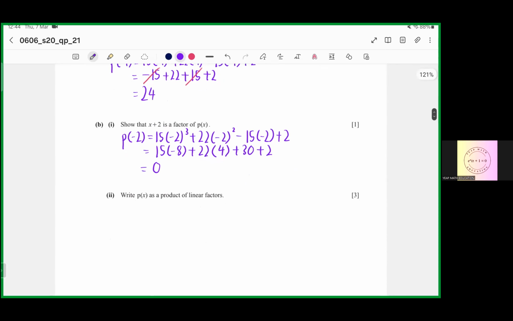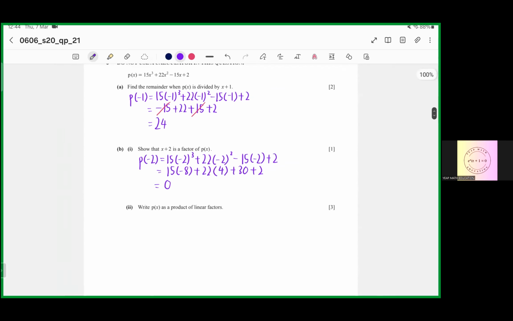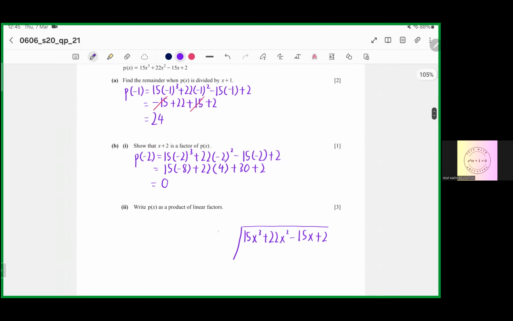Write p(x) as a product of linear factors. So we can use long division to solve it. 15x cubed plus 22x squared minus 15x plus 2 over here, and x plus 2 here. So we take 15x squared.